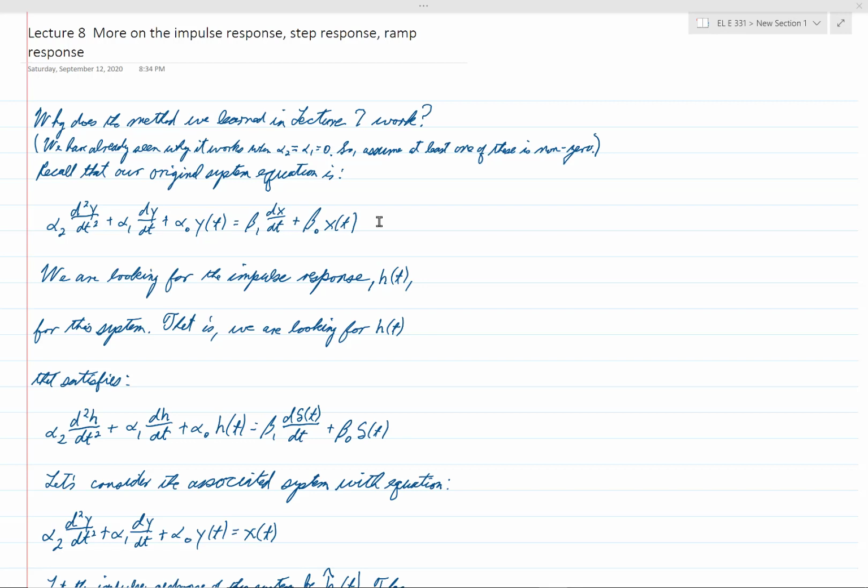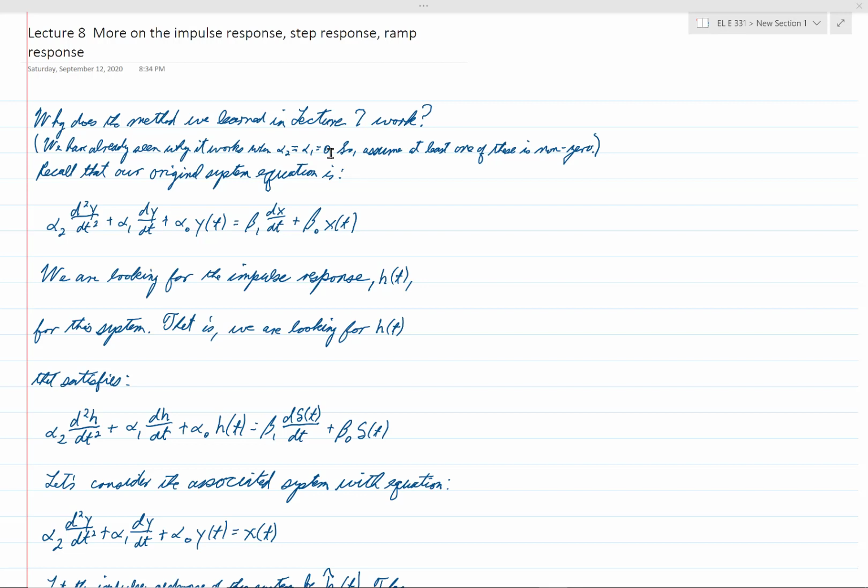Now, one more note before we jump into this. You might recall that in that technique in Lecture 7, we had a step 0 that applied for the case where these first two terms don't exist. In other words, where alpha 2 is equal to alpha 1 is equal to 0. And we saw that in that case the impulse response drops out immediately.